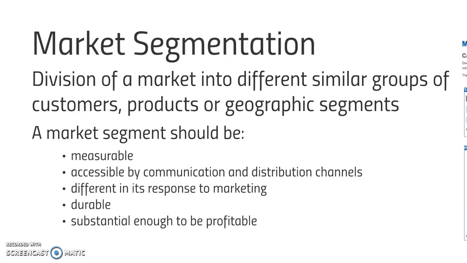Those may also fall into that geographic segmentation category. Demographic segmentation is one that we're probably most familiar with, and that's dividing and segmenting the market into such variables as age, gender, race and ethnicity, education level, occupation, income, and family status.